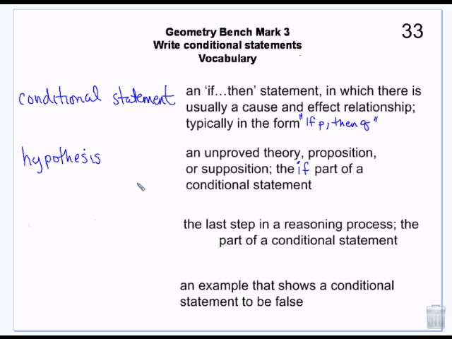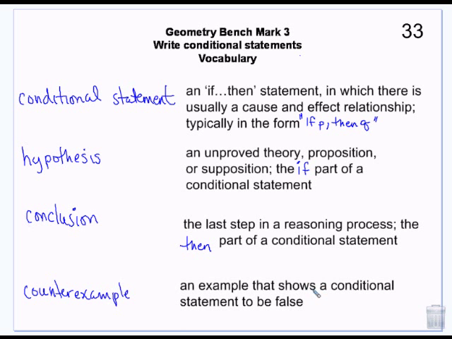It's not necessarily true. The conclusion is the last part. That's the then part. So in that statement, if you clean your room, then you will get allowance, the conclusion is you get allowance. And then a counterexample is anything that shows it to be false.